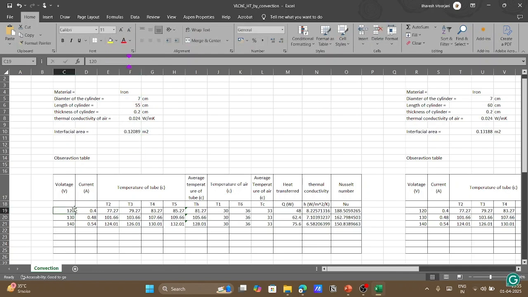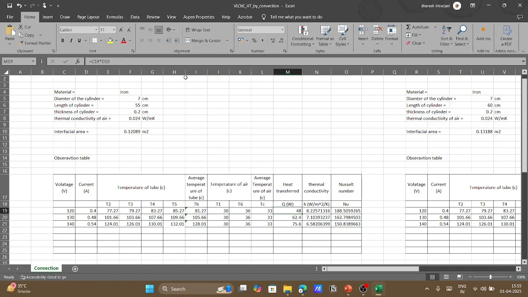We know the voltage and current readings, and we noted down the temperature readings. So the average temperature will be the average of T2 to T5, that will be the hot surface temperature, and the average air temperature will be the average of T1 and T6.